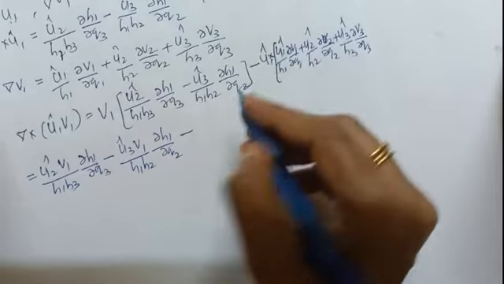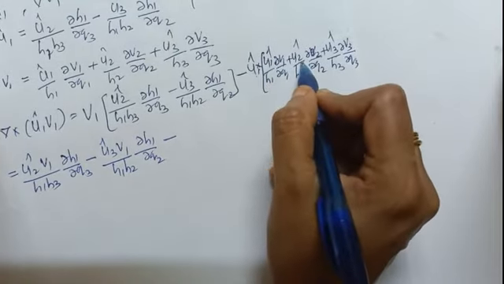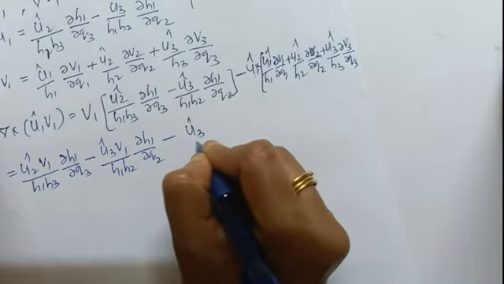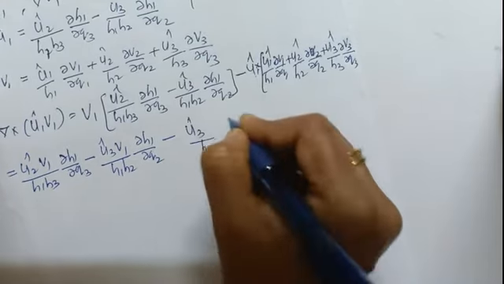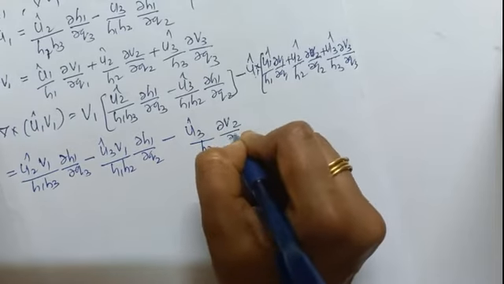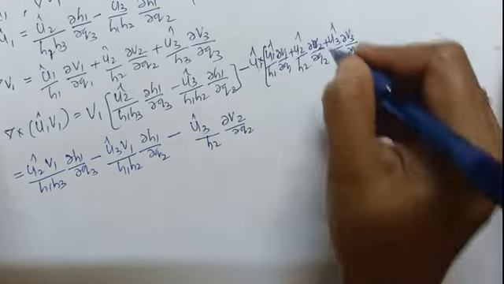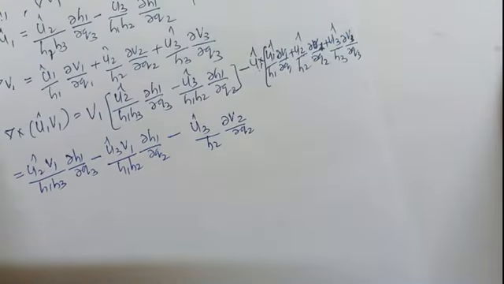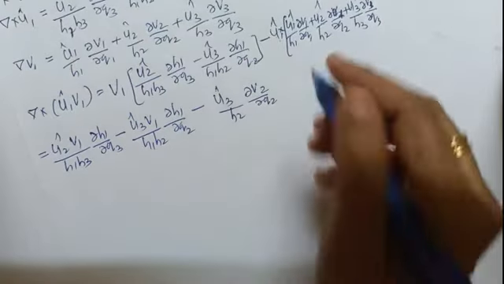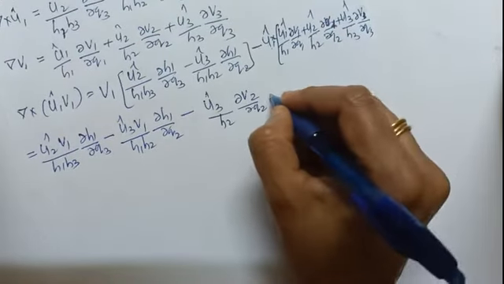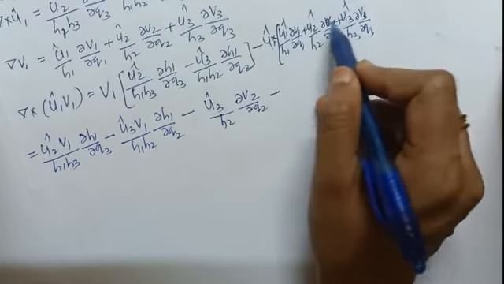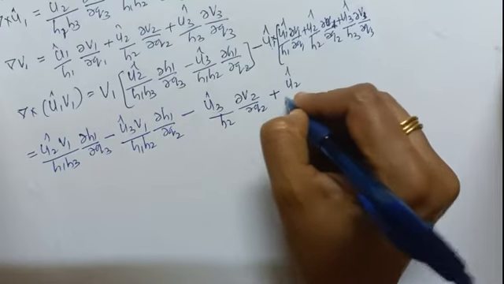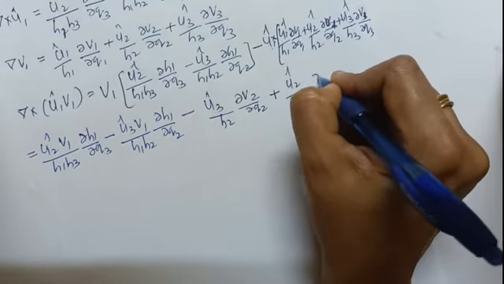So here you will get minus U1 cross U2 you will get it as U3 by H2 dou V2 by dou Q2. All we are using V1 component itself because we have taken V1, no? Then this minus and this minus, even though we are getting U1 cross U3 as minus U2, this minus and this minus you will get it as plus U2 by H3.